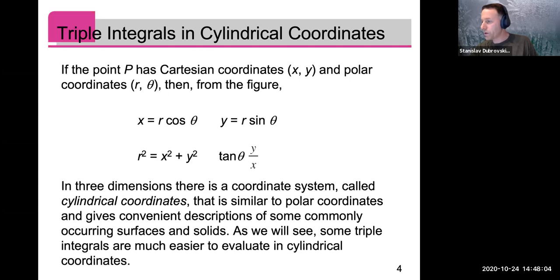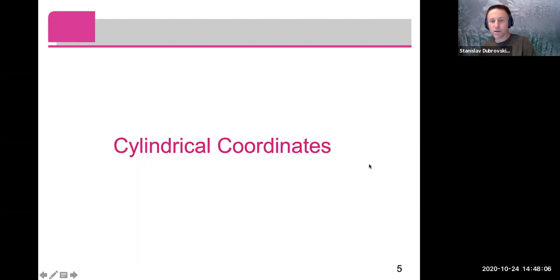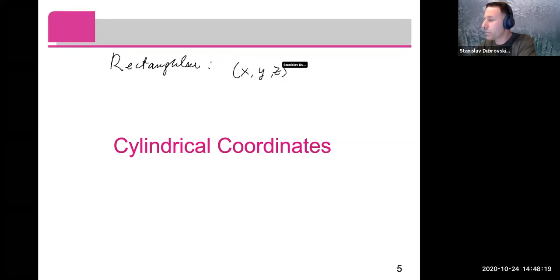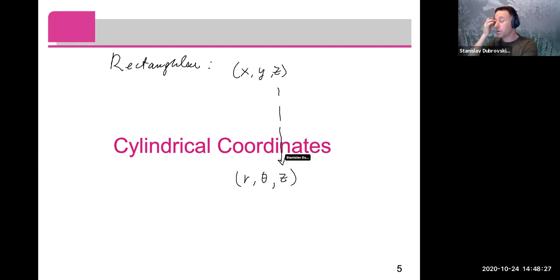And we'll move on. So cylindrical coordinates versus rectangular x, y, z will be the polar coordinates r, theta plus the z coordinate, which is copied unchanged.